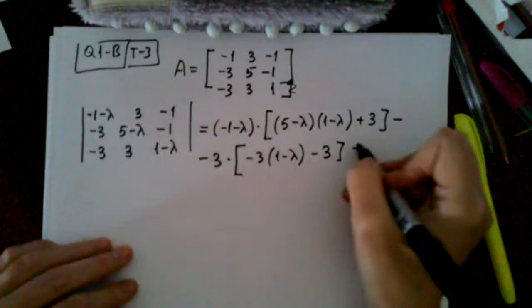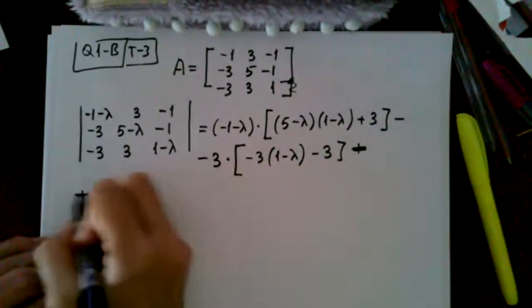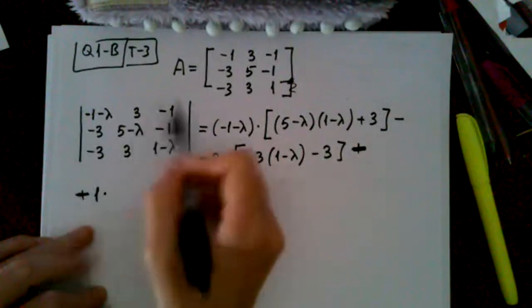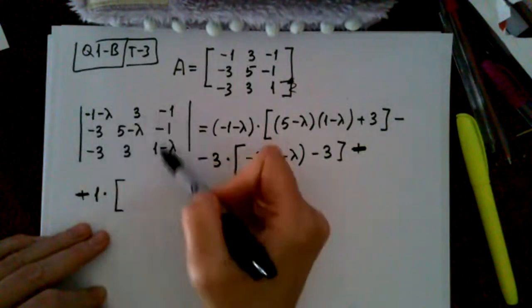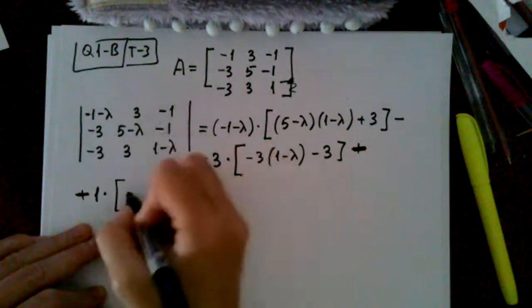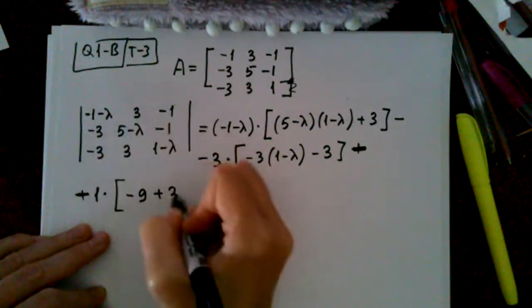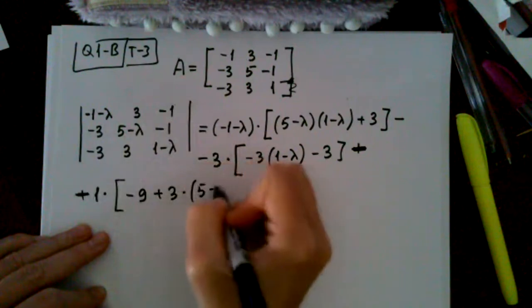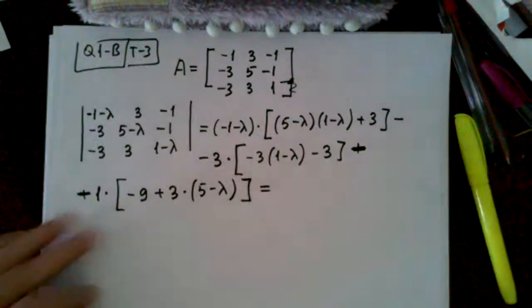Minus 3, I insist. Okay, and the last element is minus 1. I was tempted to write plus 1, minus 1 times what? Again, we are crossing out the corresponding row and column, and we have minus 9, this by this, plus 3 times 5 minus lambda, parentheses and brackets are closing.